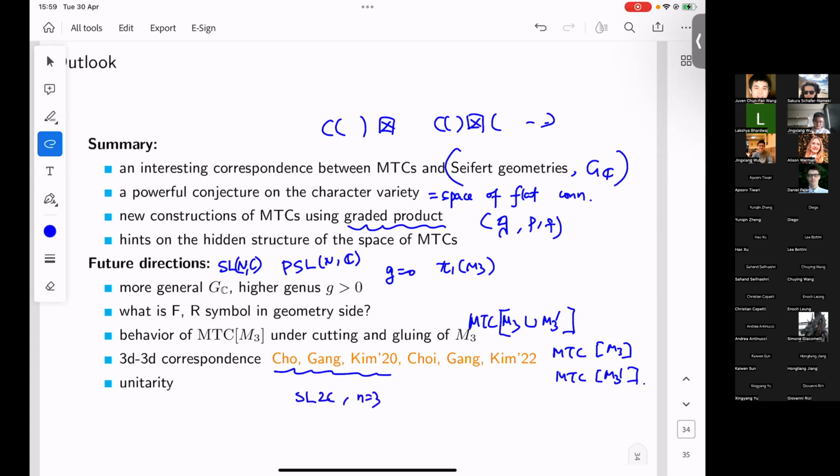And the original proposal is not generalizable to higher rank or higher fibers. But I do wonder what this teaches us about the 3D correspondence, because the whole construction is so reminiscent of it, where you have a 3D theory on one side and a 3D topology on the other side.